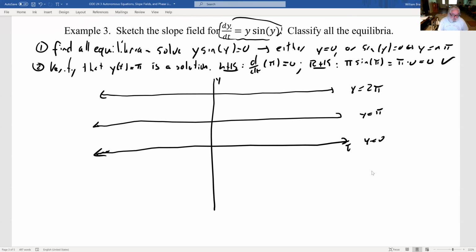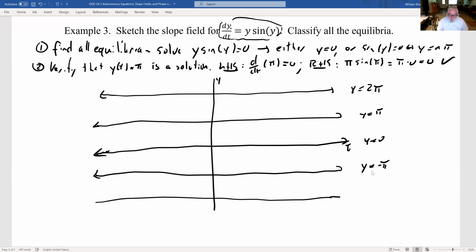And then we can have other solution curves. So I'm just drawing in the solution curves rather than drawing all the possible little tangent lines that you'd want to see on a slope field.